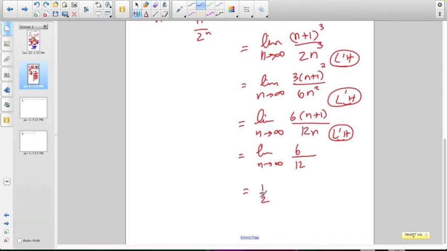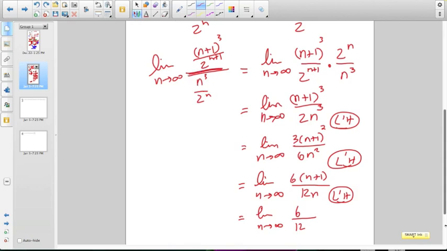So we notice the value is less than 1. At this point we can say that the limit is a value we know is less than 1, and so this series of n cubed over 2 to the n, I think that's what it is, right?